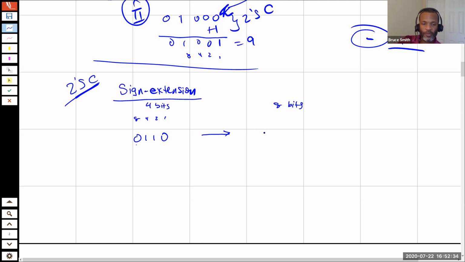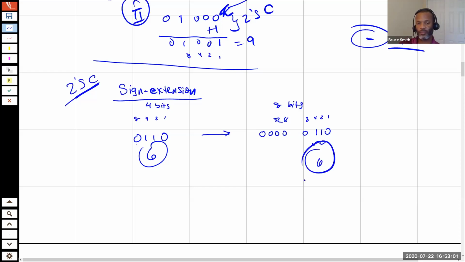This is positive. So if I take my 0, 0, 0, make 4 of those, and then rewrite the value here, 1, 2, 4, 8. In both cases, I have a 6 here. And even though I have all of this extra space here, it doesn't matter. It's still nothing but a 6. So when I have positive values, sign extension is pretty easy.